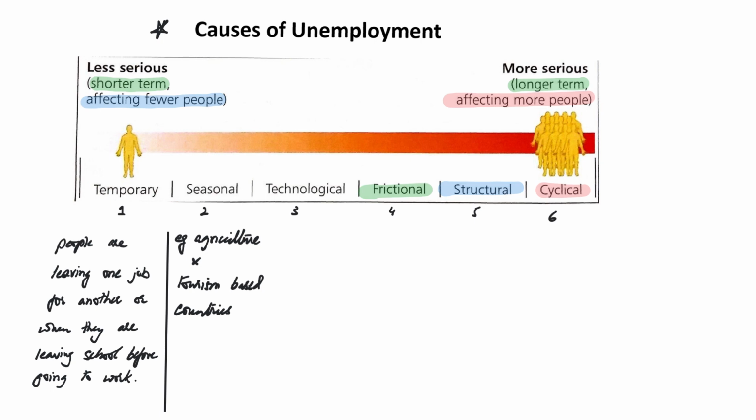It's not very serious because the next season will employ people, or meanwhile people can find other jobs. When we discuss the solutions, then we'll talk about this. But seasonal usually affects agriculture and tourism based countries, countries like Thailand and other Far East countries.